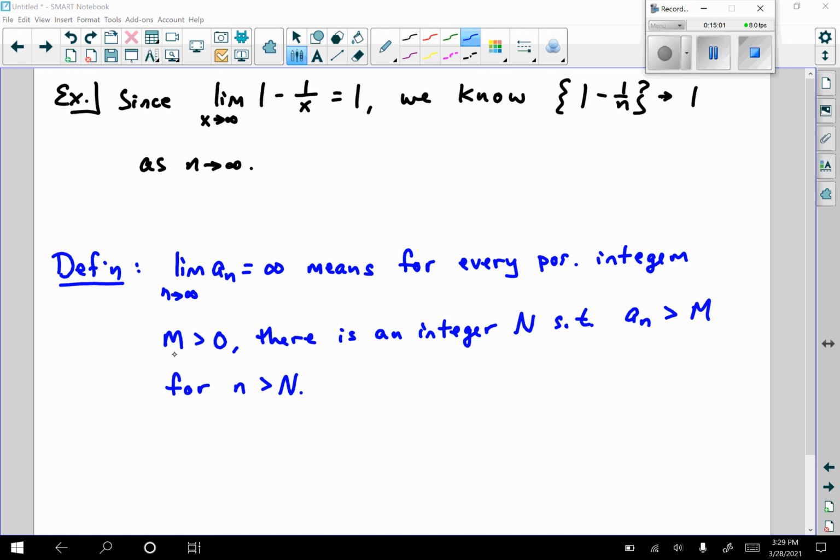So all this is saying is m is representing a positive integer, and if we choose a value greater than this integer, then all of the terms in our sequence will stay bigger than m. So in this case, we say that a sub n is divergent to infinity.